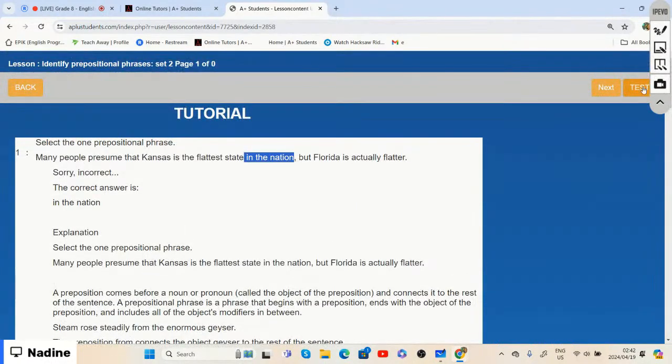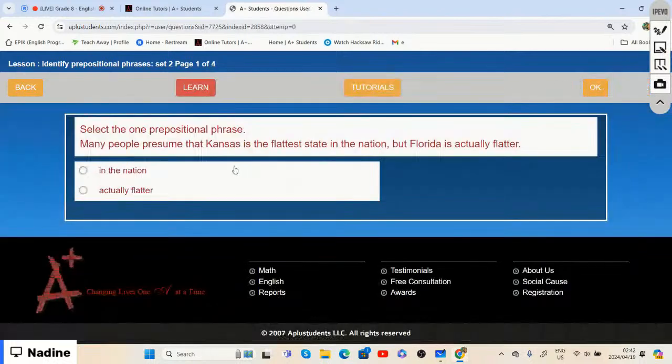All right. So select the one prepositional phrase. Is it in the nation or is it actually flatter? We need to select the prepositional phrase.